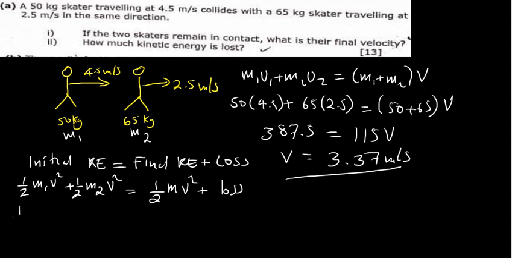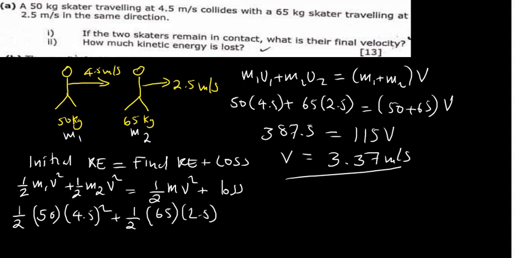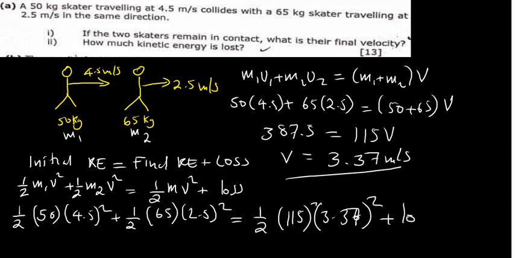So this will be half the mass for one, that is 50, and the first skater is moving at 4.5 meters per second, so we square that, then plus half the second skater has got a mass of 65 moving at 2.5 meters per second, we square that, and that will be equal to half the combined mass at the end, 115, and then the velocity at which they are moving is 3.3637. We square that and then plus the loss.